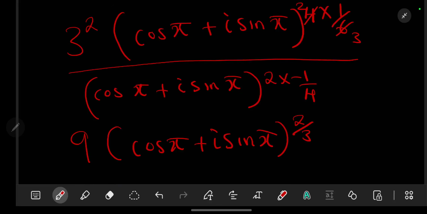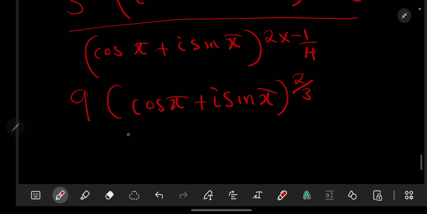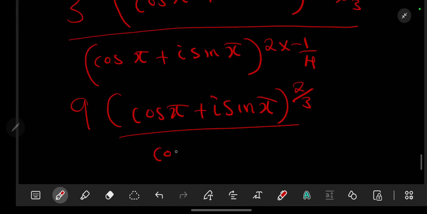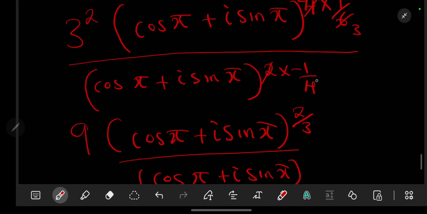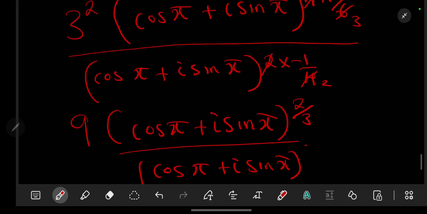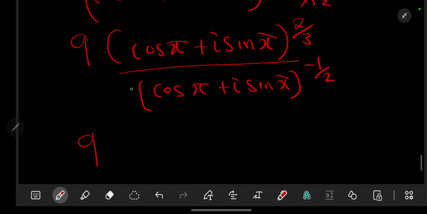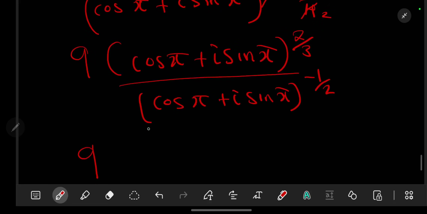Then down here we have cos of pi plus i sine of pi, to the power of this, and this goes, so we have 2. So this gives us negative 1 over 2. Then 9, we take one base, since they are the same now, it will be cos of pi plus i sine of pi.